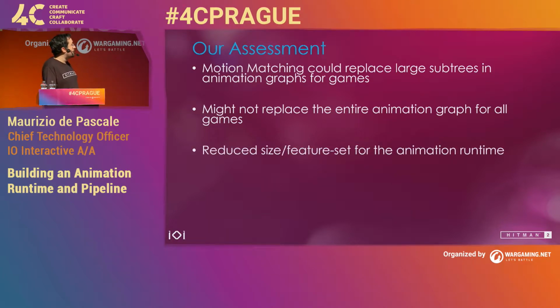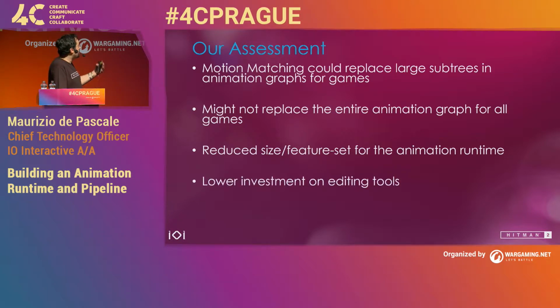So the idea is also that embracing these new technologies might allow us to simplify the trees that we have today, and also require fewer custom nodes or custom features that today we have in place to try and achieve some high quality animation.